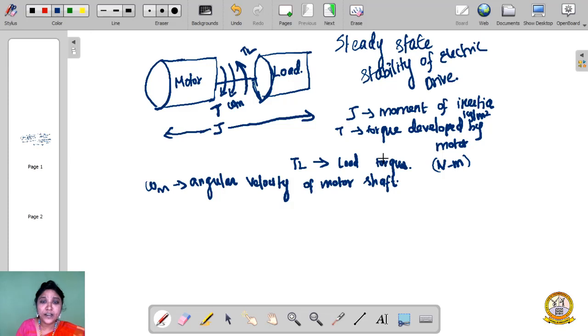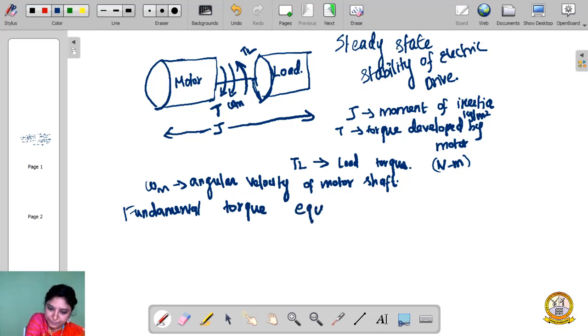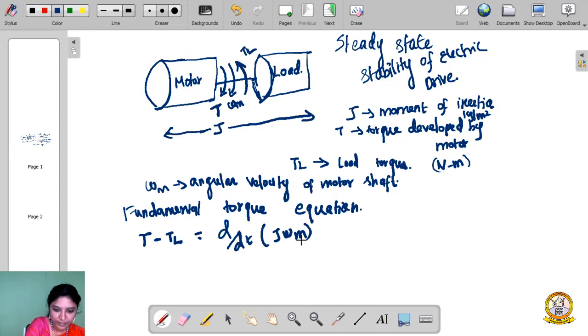For our derivation we are going to consider the fundamental torque equation. The fundamental torque equation is T minus TL equal to d by dt of J into omega m. This is the basic representation, and from this expression we are going to derive the steady state equilibrium.